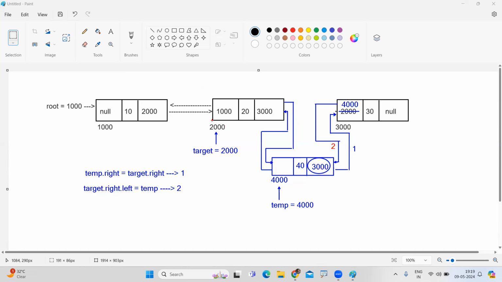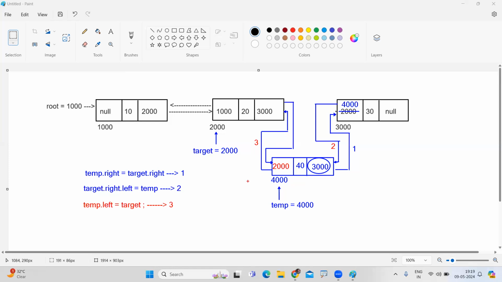Now come to the left side connections. It's very easy. 2000 you need to store here. 2000 means what? Target. Store into temp to left. Temp to left is equal to target. Here 2000 will store. So it is connecting. It's the third one.